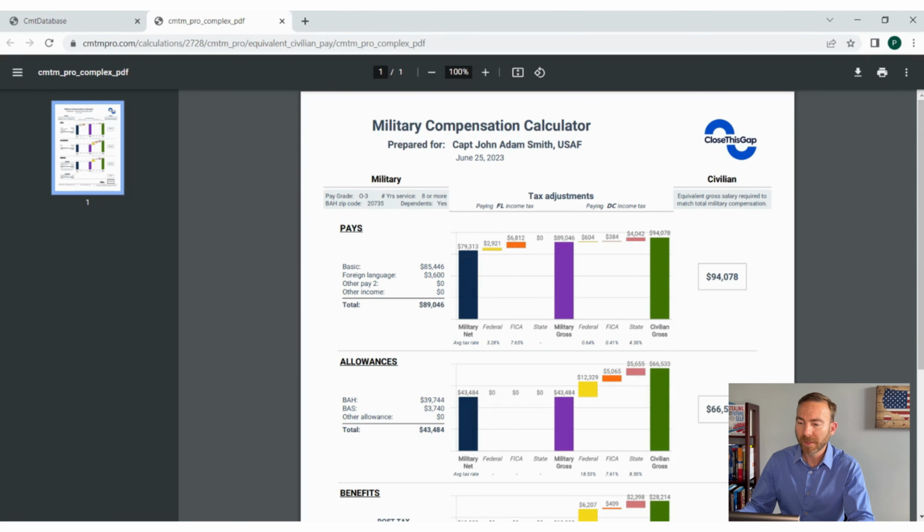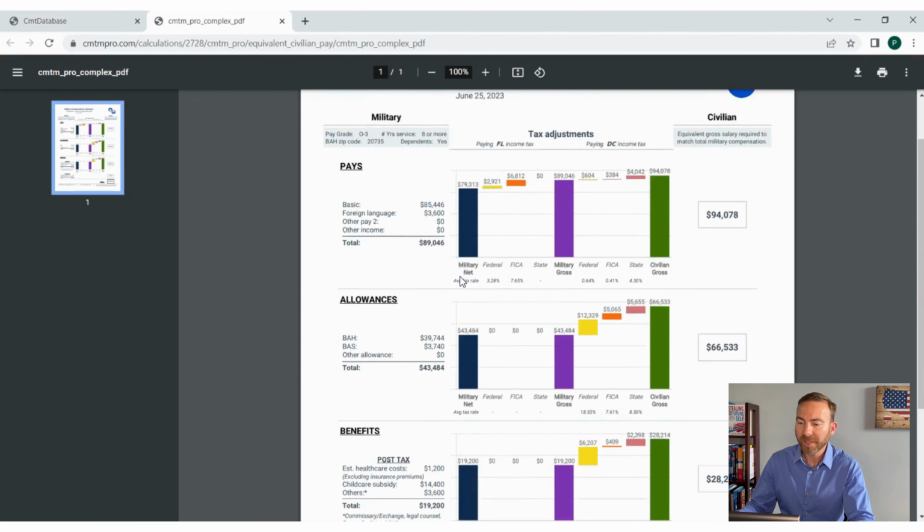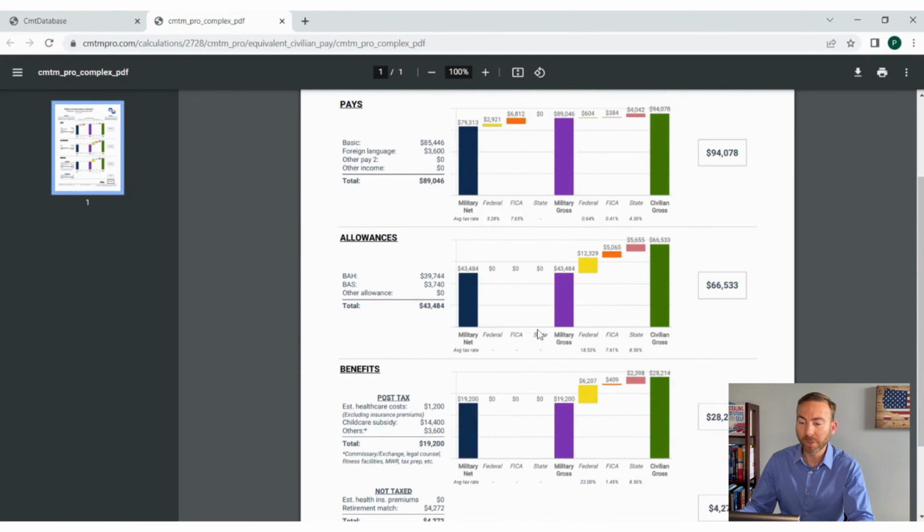Same thing with allowances. The left half, the military net to military gross, is the same number because, again, we do not pay taxes on allowances. However, as a civilian, he will have to, which is why we have this steep chart here on the right half of the page. And lastly, for benefits, the same thing here.